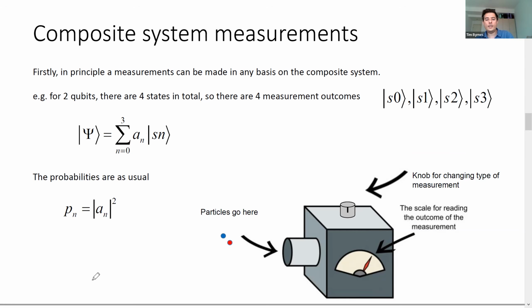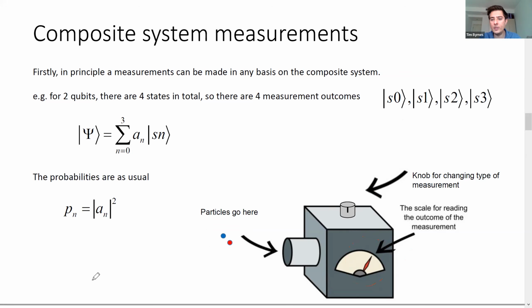We can visualize this in the same way. Here we've got 2 particles going into our measuring machine, and these are the outcomes. There's going to be 4 different outcomes. And as before, it's possible to have different measurement bases in this 4 state system.